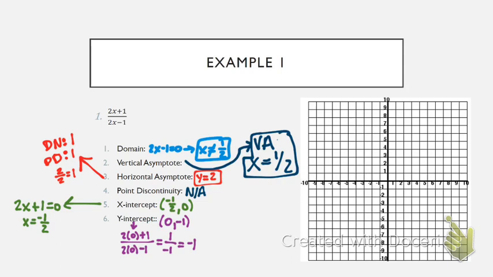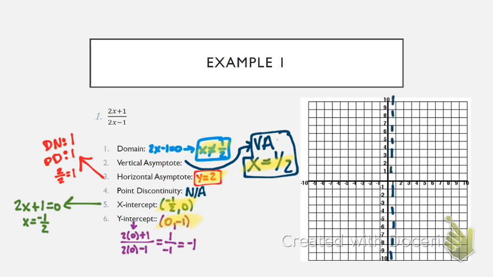So I'm going to highlight all our relevant information. I have a vertical asymptote at 1/2. To actually graph it, we go to 1/2 and draw a vertical asymptote.